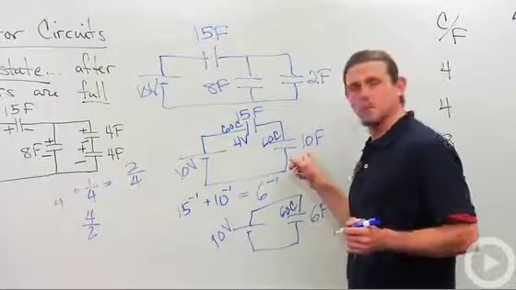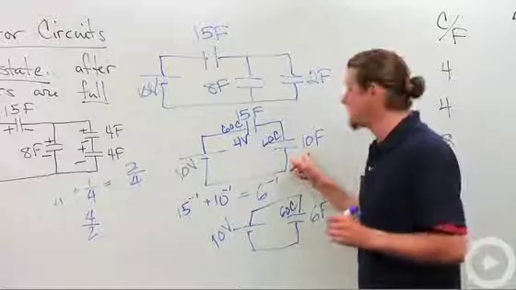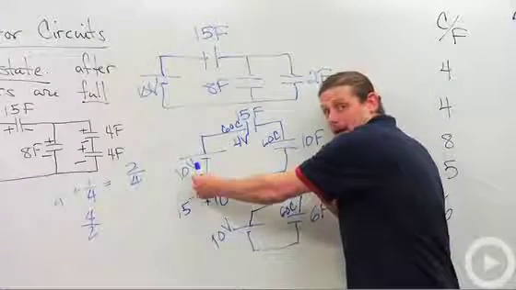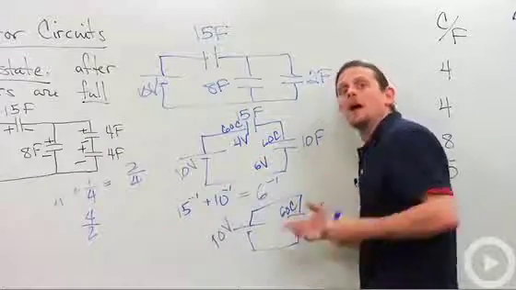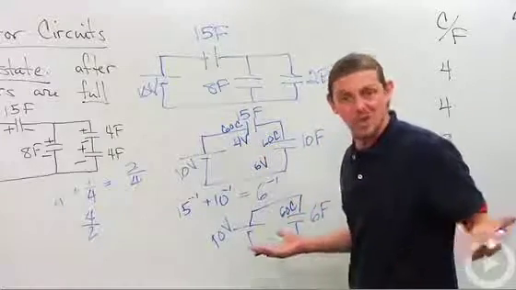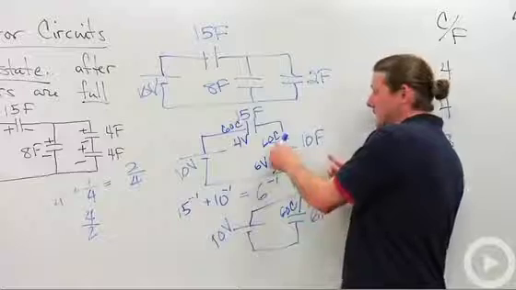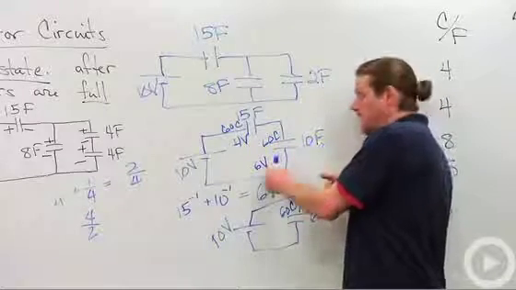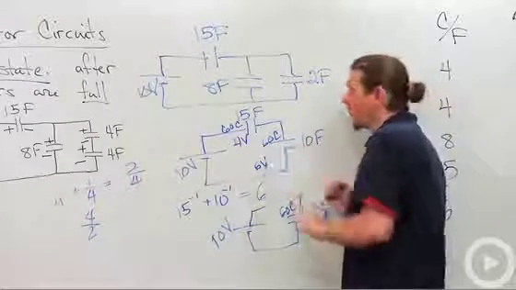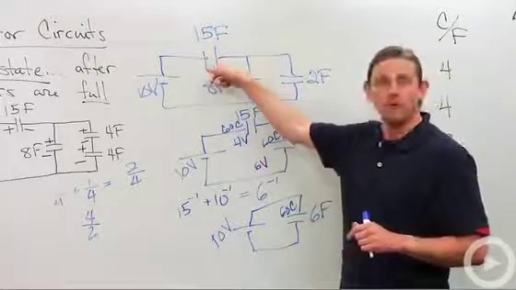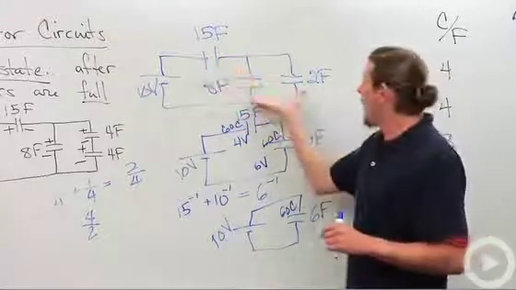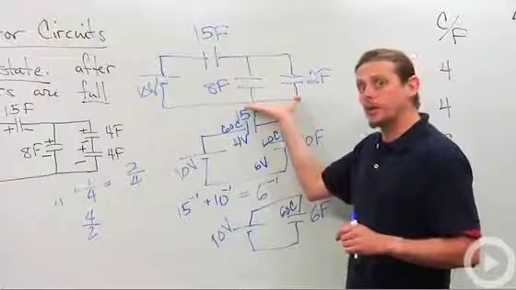What does that mean this one's supposed to be? Well, he's supposed to be 6 volts because I got 10 altogether, 4 here, so I got 6 left over. Another easy way that we could do that is just Q over C again. 60 over 10 gives 6. All right, so now I've got my 15 all covered. 60 coulombs, 4 volts.